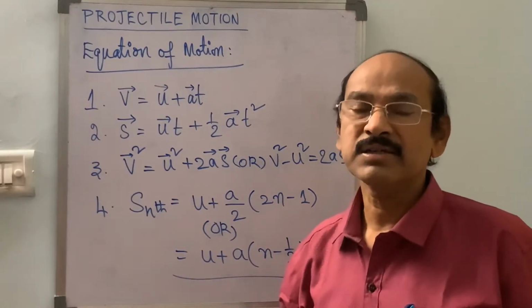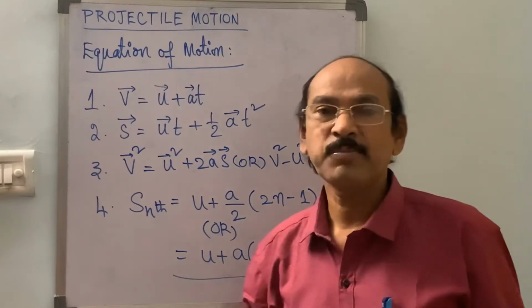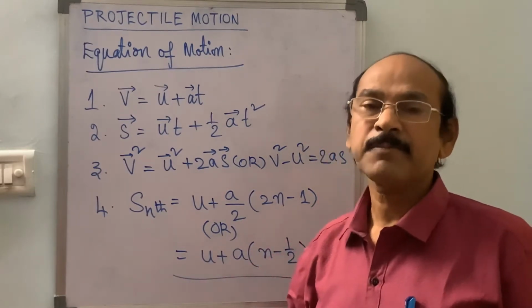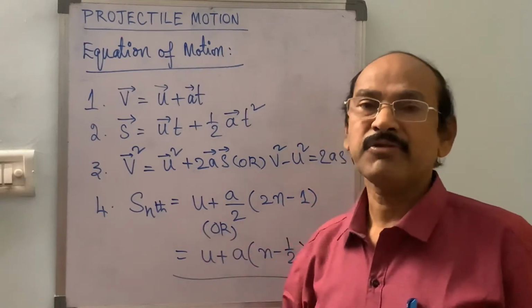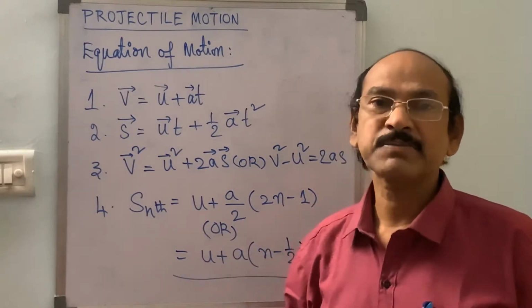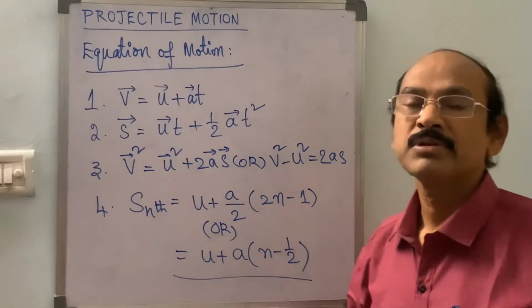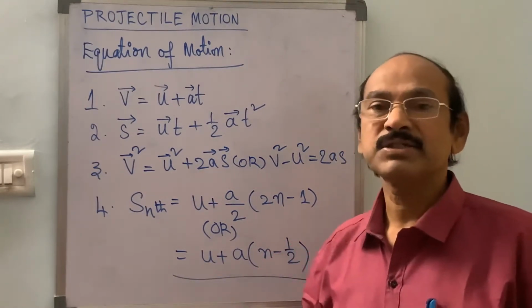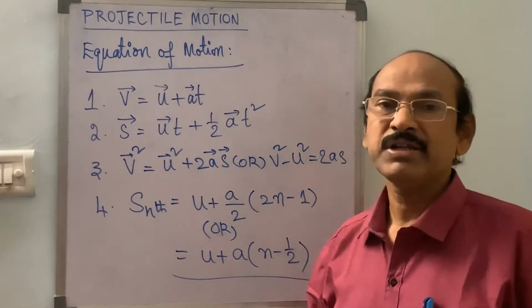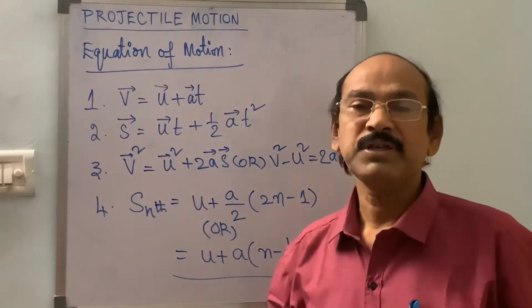For every second, its velocity increases by 9.8 meters per second. So the body acquires an acceleration of 9.8 meters per second square constantly, and this acceleration is due to the gravitational pull of the earth.